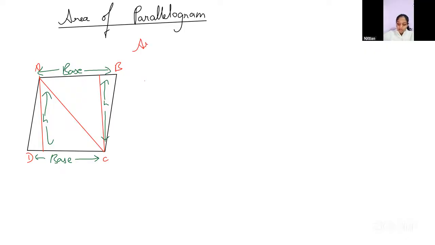Area of parallelogram ABCD is equal to area of triangle ACD plus area of triangle ABC, or ACB. Formula of a triangle.